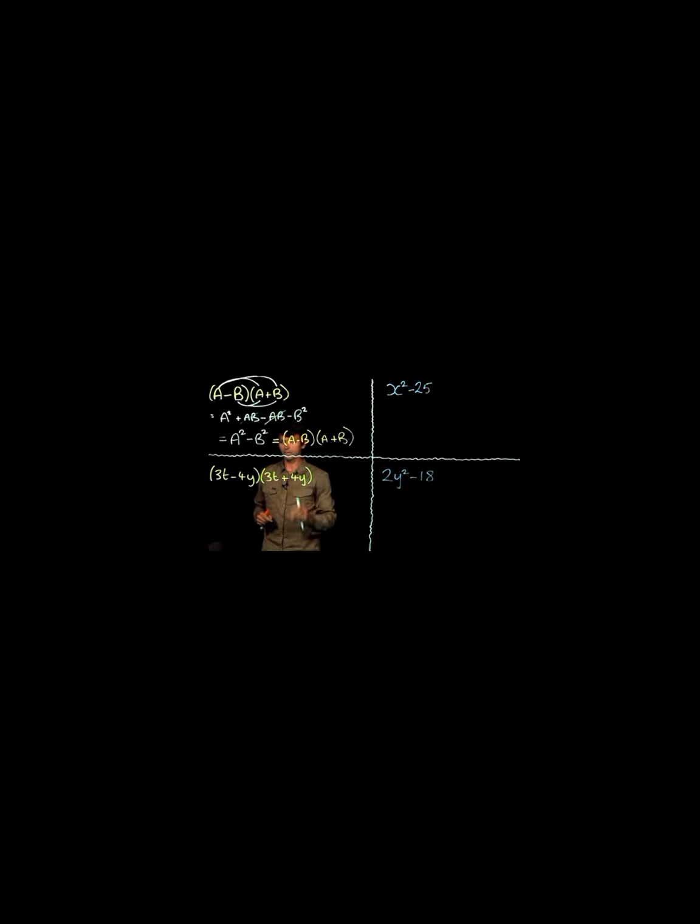So actually, using this formula, I can just say, right, a squared, looking at the first term, I'm looking at 3t, and I need to square that, which is going to give me 9t squared, subtracted by b squared. b in this case is 4y. So if I square that, I'm going to get 16y squared. And that's it done. How much faster is that than actually doing the full expansion? That's the difference of two squares.